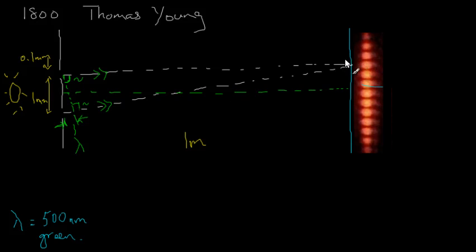I'm going to call this distance from here to here X. I'm going to call this distance D. Just give it some symbols so that it's easy to make a formula. And I'm going to call that spacing between the gaps A. So I have X, D, lambda, and A, and hopefully I can find a way to calculate X from D, lambda, and A.